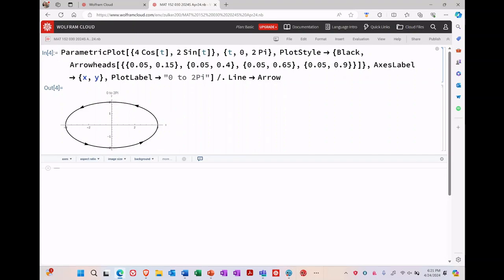There's the direction, counterclockwise. Not really that important for this course. Extremely important in Calc 3. Or if you're studying actual motion, right? If this curve represented motion, then the direction would be important.